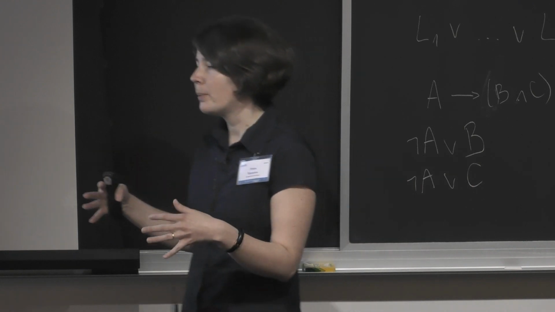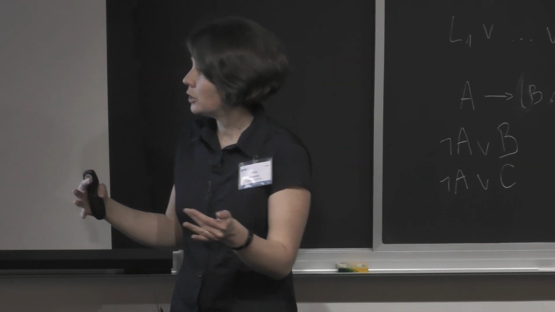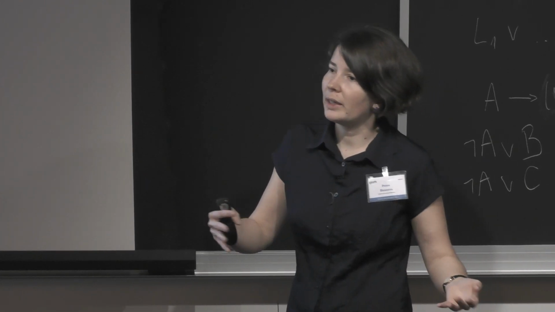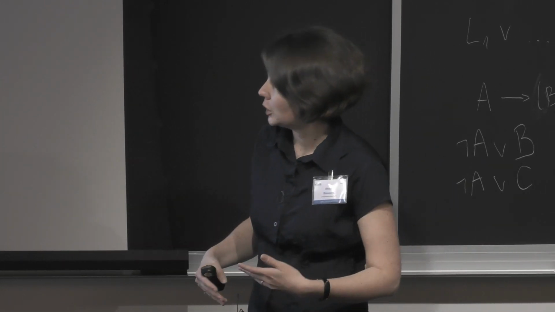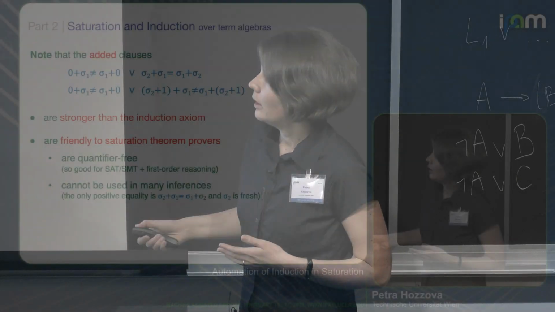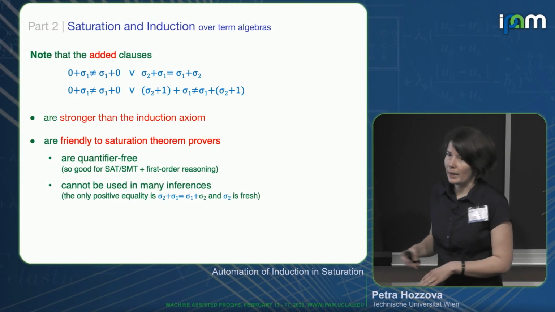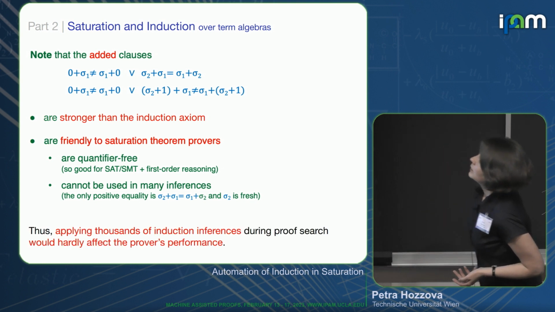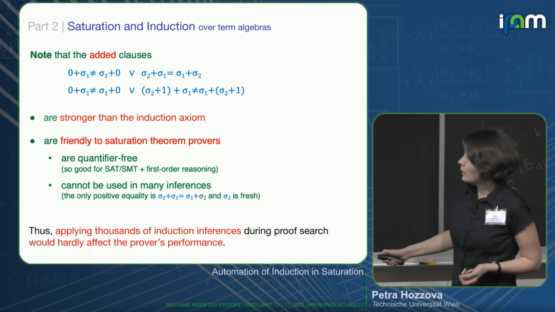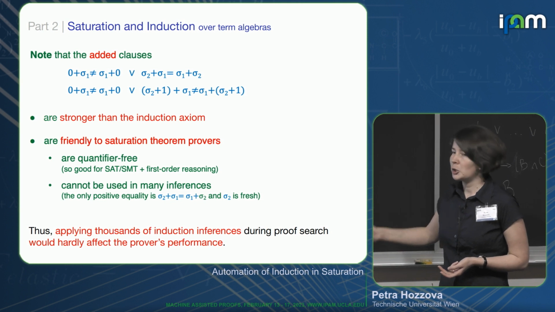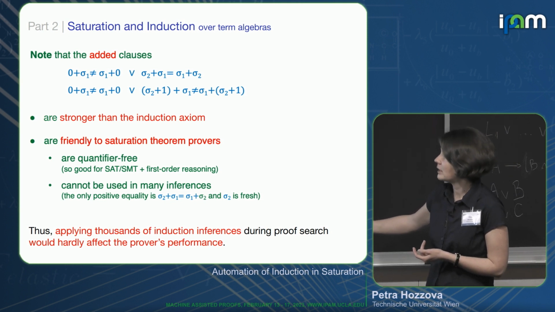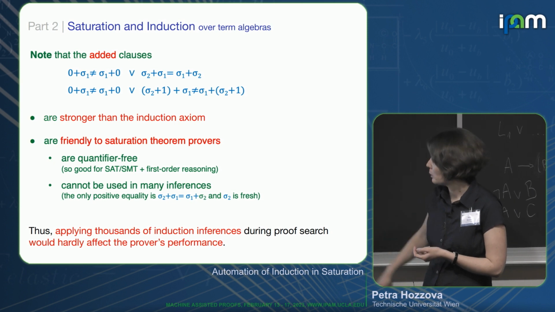So we want to keep our saturation set as small as possible while still not blocking any path that might lead to the contradiction. So it's good that we are not adding something that will have too many consequences that might not lead anywhere. Therefore, we can actually afford to apply this induction inference thousands of times during the proof search, and it will not affect the prover's performance too much in a bad way.